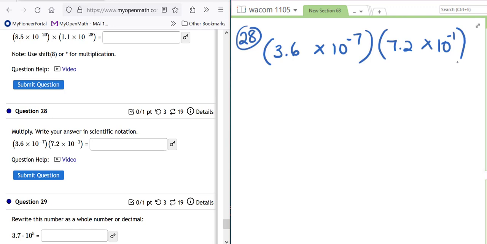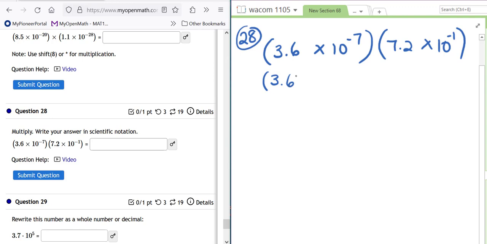It's really used by scientists for very tiny numbers or very large numbers, so they can do the math without the zeros. And so on this problem, what you want to notice is this is all multiplication. You've got multiplication here, here, and in between these. When you have all multiplication, you are allowed to rearrange it. That is called the associative law of multiplication.